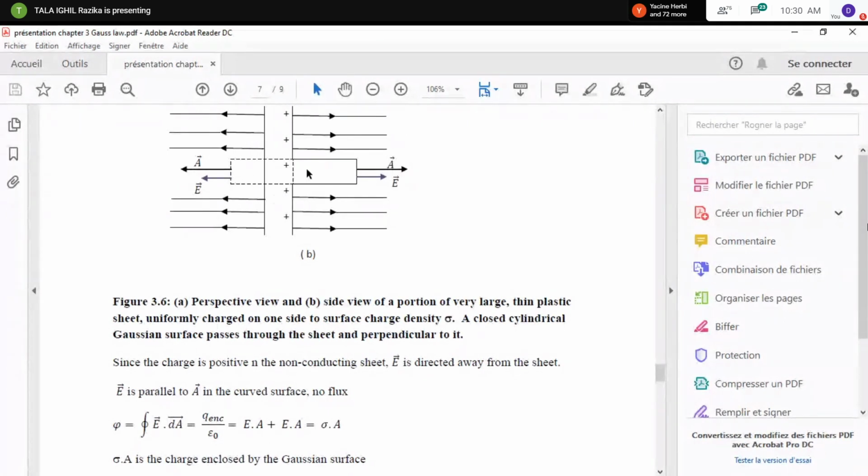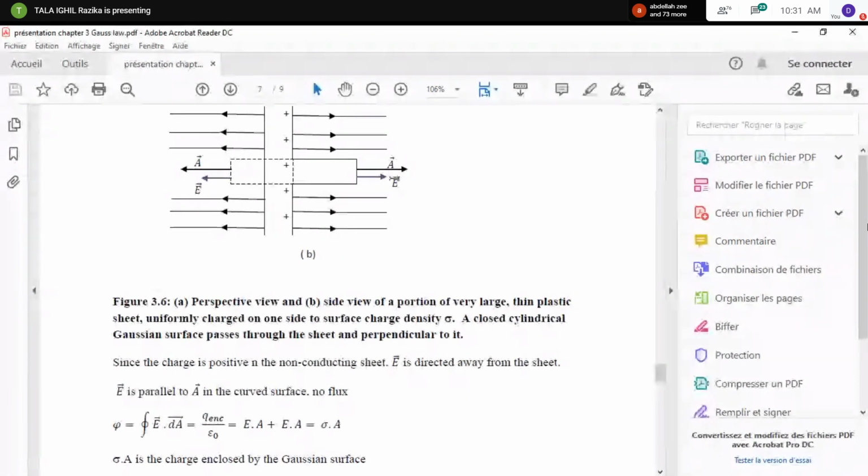It will be difficult to have the electric field parallel or perpendicular to A. But if you take the cylinder, you remark that sometimes E is parallel to A, and sometimes E is perpendicular to A. So it's better to work with this symmetry, which is a cylinder.